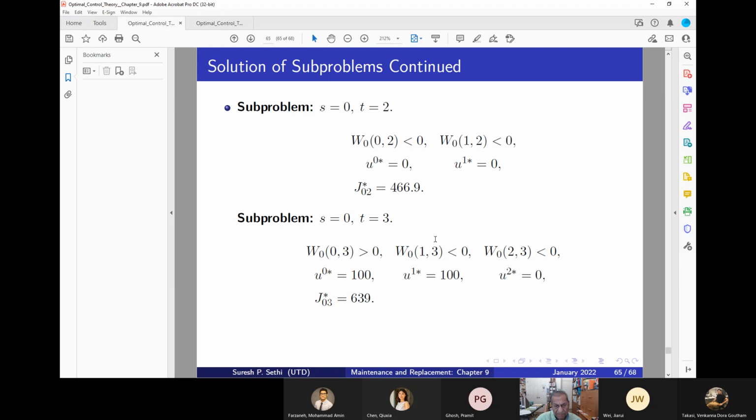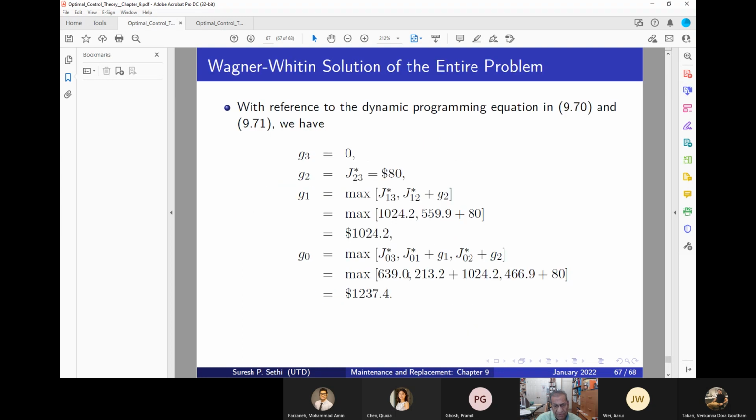Then you have J01 star coming from there, and G1 is coming from here. So we can put those here, and the same for this one, and we have this. So we know G0 is 1237.4. That's the best value we can do.